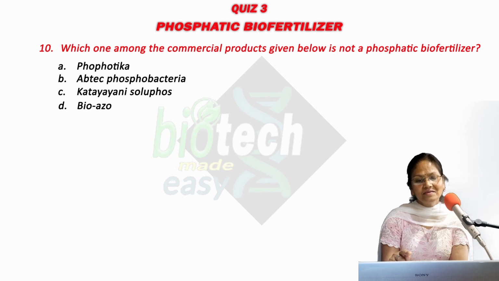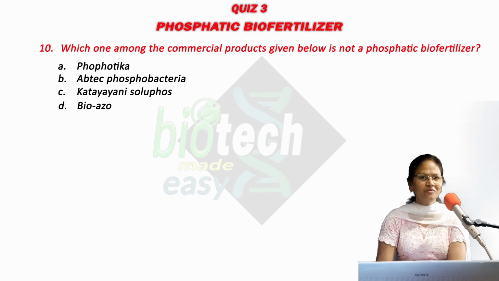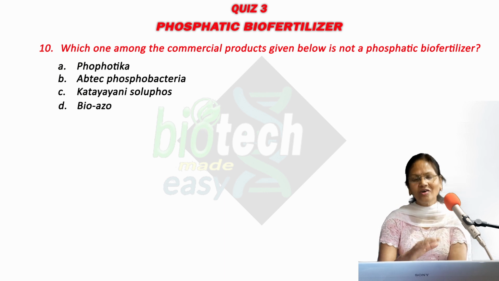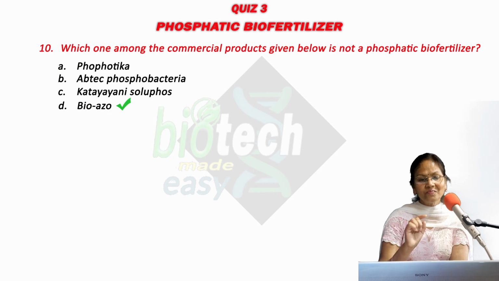Cathiene Soluphos. Here again the phospho term is coming. So in these three you can guess that they may be related to phosphorus solubilization or phosphatic biofertilizers. And the question is asking you, which one is not a phosphatic biofertilizer? So the right answer should be Bioazo. And here you see Bioazo.